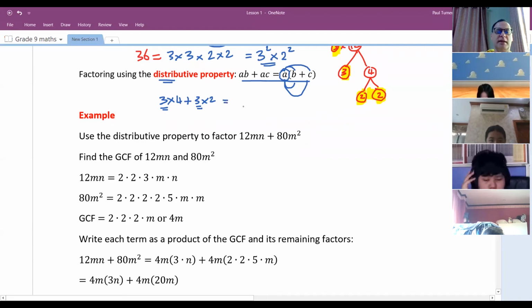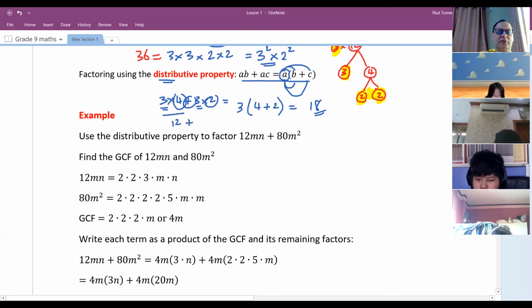So you put 3 in the front, and then we took 3 out, but then we are left with what? 4 plus 2, and that goes in here, okay? So if you multiply that, 4 plus 2 is 6, 3 6s are 18. And the same as if you did it this way. 3 4s are 12, plus 3 2s are 6, which is also 18, okay?